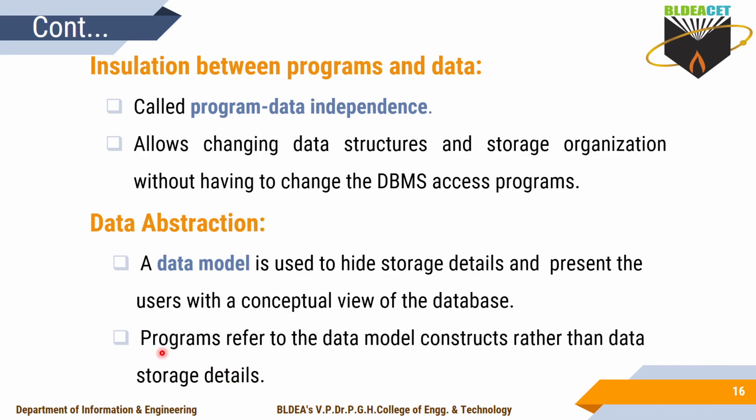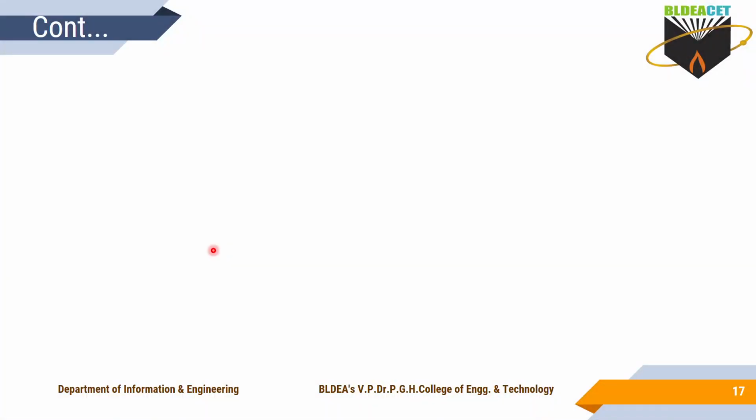Even the programs we are using are related to how to create the data and how to retrieve the data, but you are not bothered about how to store the data and what procedures are used to store the data. That information is hidden here. Only to create, store and retrieve the data, that is what you call data abstraction.